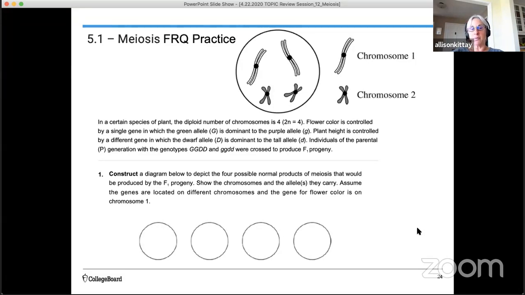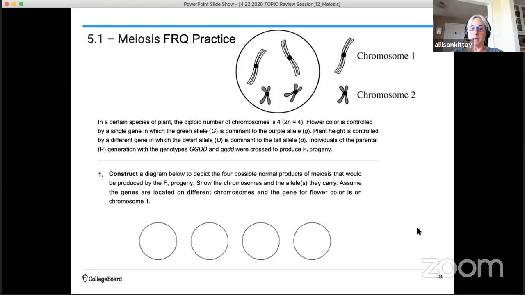Plant height is controlled by a different gene in which the dwarf allele, capital D, is dominant to the tall allele, little d. Individuals of the parental generation, which is abbreviated P generation, with the genotypes big G, big G, big D, big D, and little g, little g, little d, little d, were crossed to produce F1 progeny.